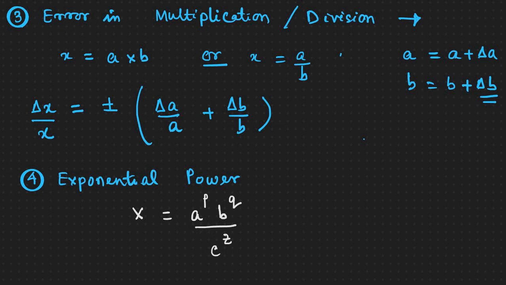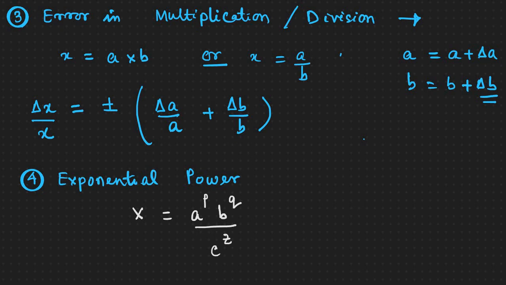So what will happen? We know that each has its share of relative errors. a will have a plus del a, b will have b plus del b, c will have c plus del c.